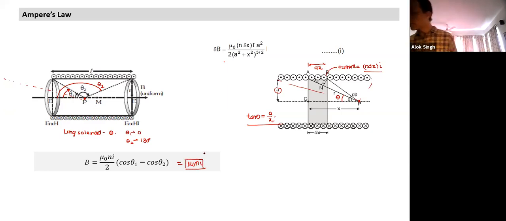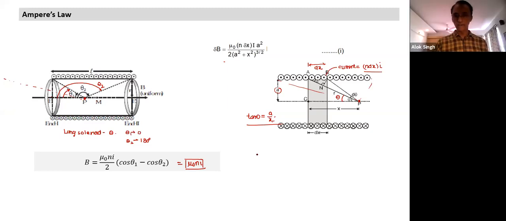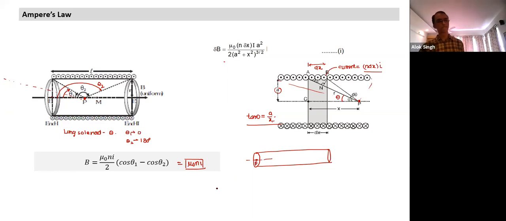In a similar way, suppose I take point P here at the end of the solenoid. You have a long solenoid. I want to calculate the field on the axis of the solenoid at the end point P. Can we find theta 1 and theta 2 for this point?